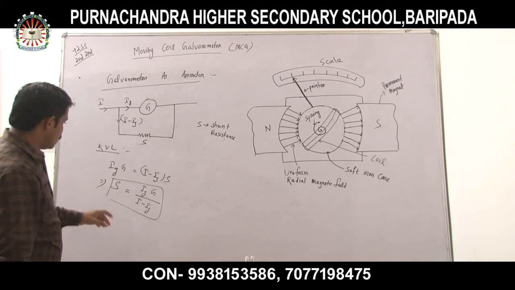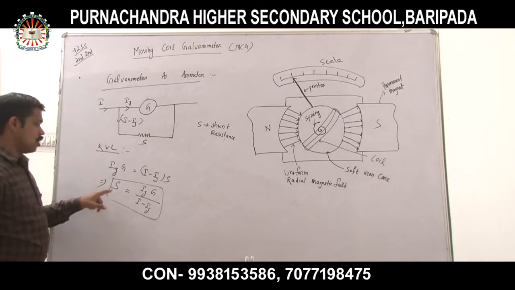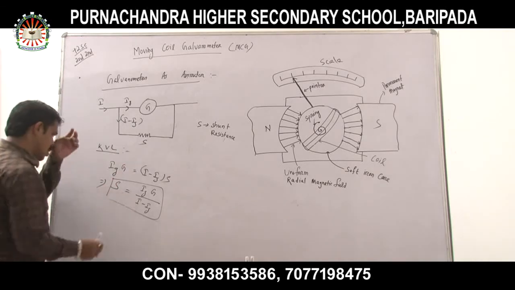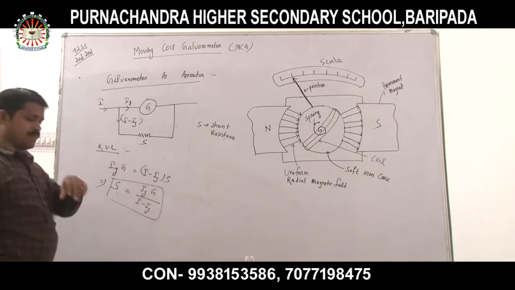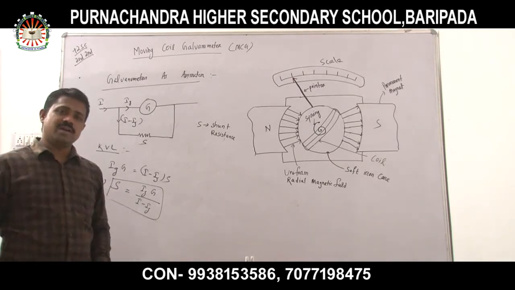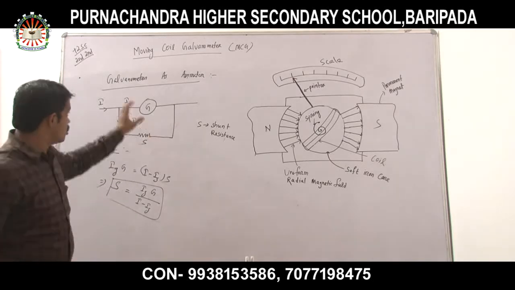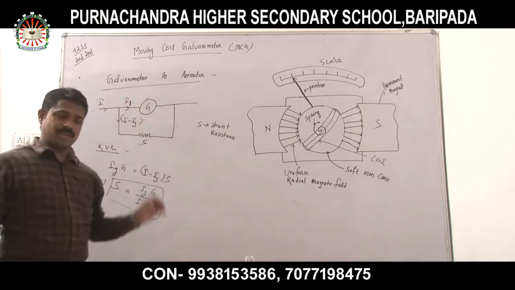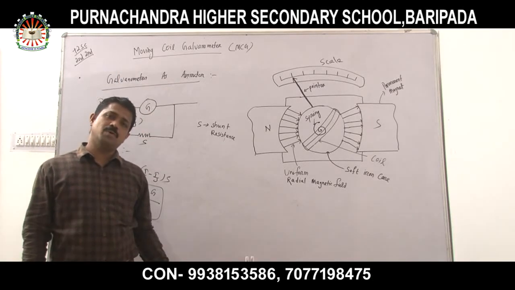Clear? So this is the value of the shunt resistance: S is equal to Ig into G divided by I minus Ig. This is the formula by which we can get the value of the shunt resistance for conversion of galvanometer into ammeter. Clear all of you?